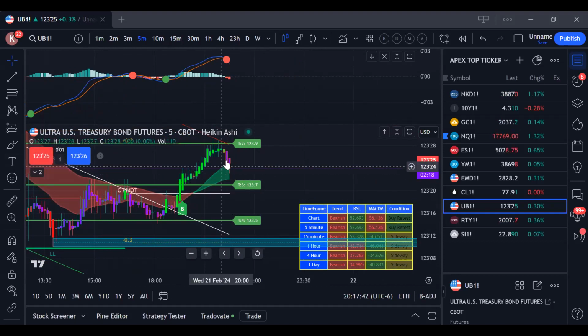Otherwise, it may touch the cloud. If it starts going up, we can enter long. So better to give another 5-10 minutes and then we can enter a short, or we can enter a long. If it comes down, entering a short is the best. If it starts going up and if these also turn to green, then better to go long. So it is like a checklist, right?